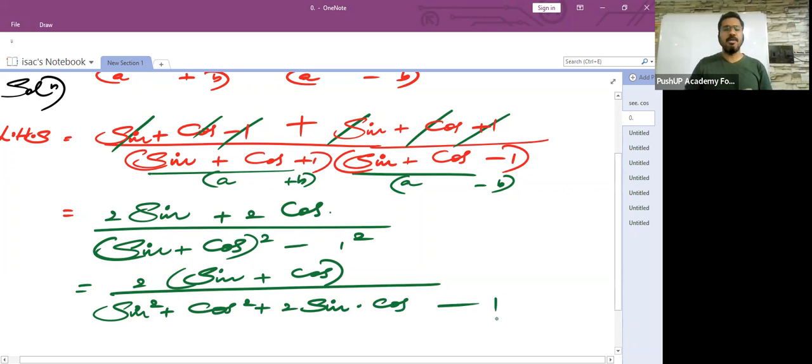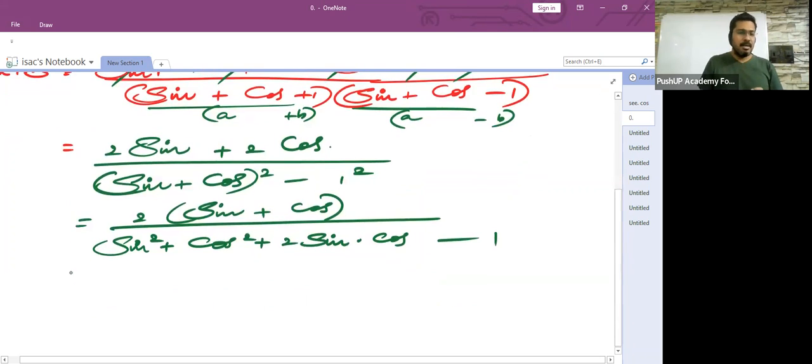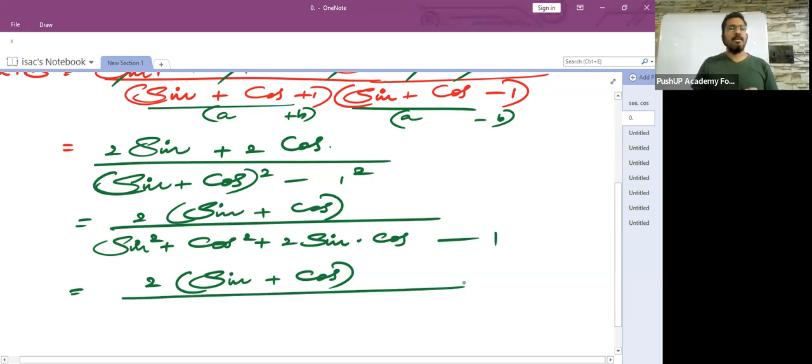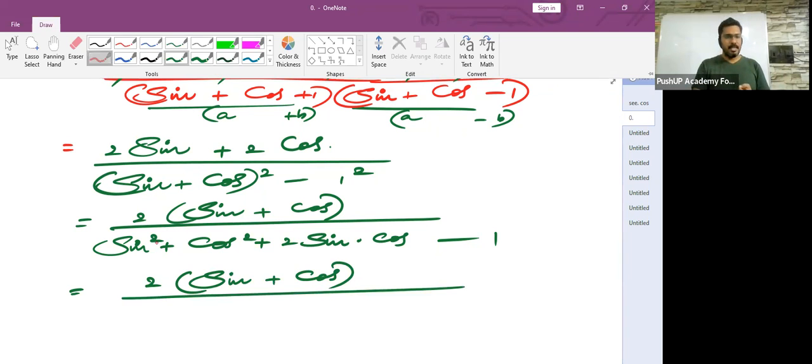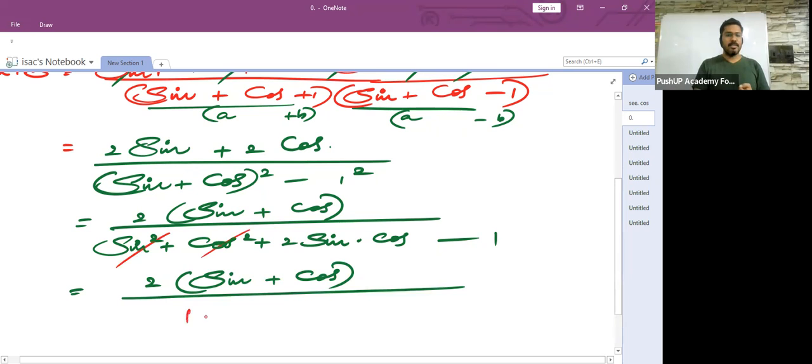Minus 1 square is what? 1 itself. Now this is equal to 2 into (sine plus cos) divided by, what is sine square plus cos square? Exactly. Sine square plus cos square is 1.